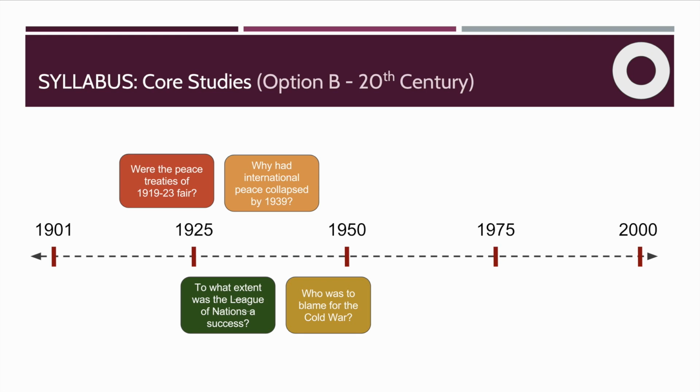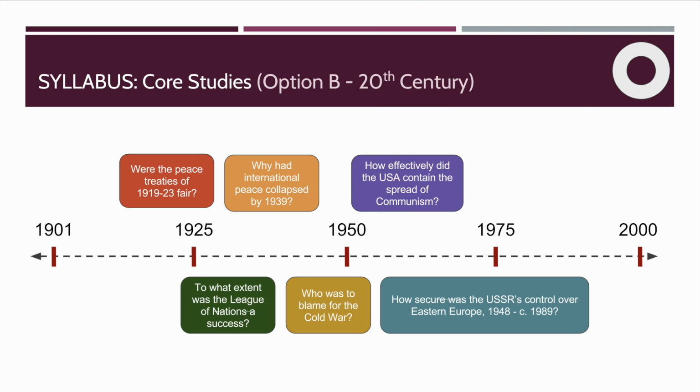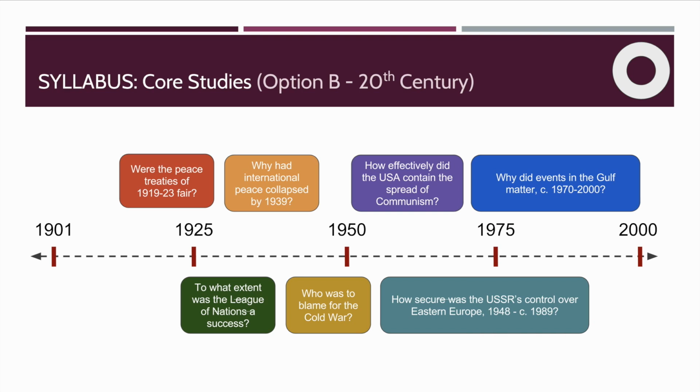Who was to blame for the Cold War? How effectively did the USA contain the spread of communism? How secure was the USSR's control over Eastern Europe, 1948 to 1989? And why did the events of the Gulf matter, 1970 to 2000?